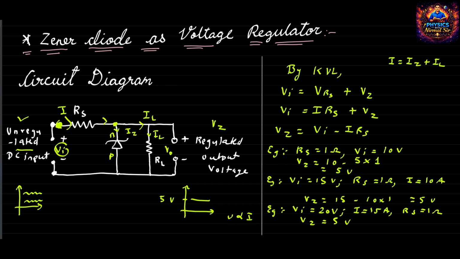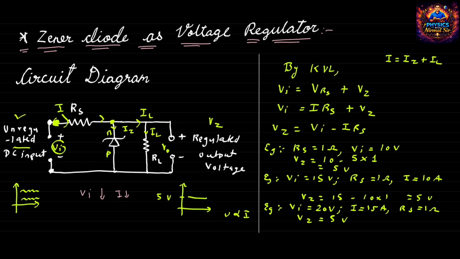So as we decrease the value of Vi, we can say the current also decreases, and due to which the voltage drop across Rs decreases, and due to which we will get a constant regulated output voltage. For example, let's take this as our reference point.